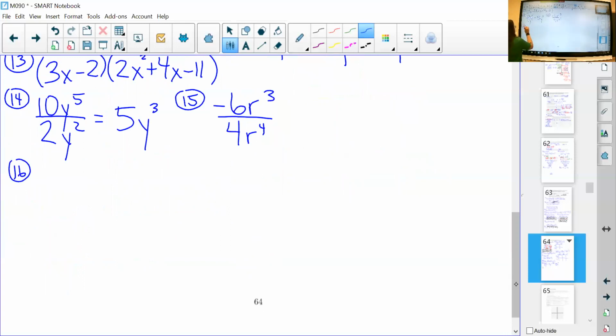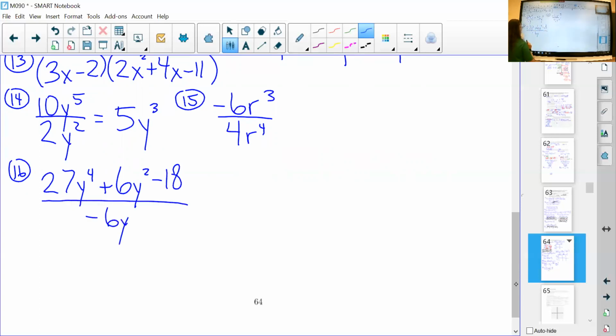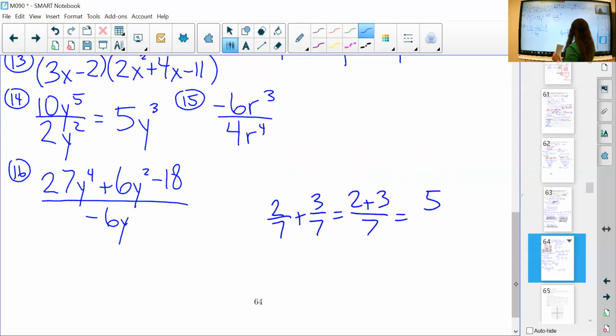Example 16, 27y to the fourth plus 6y squared minus 18 over negative 6y. Here's how I like to do these problems. If you remember, a long time ago, we did things like 2 sevenths plus 3 sevenths equals 2 plus 3 over 7, right? 5 sevenths.